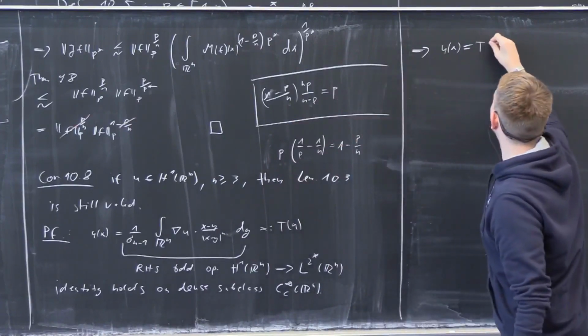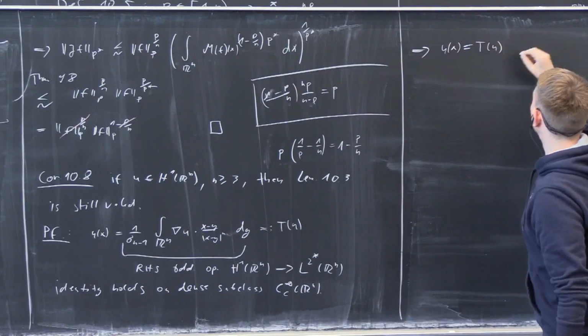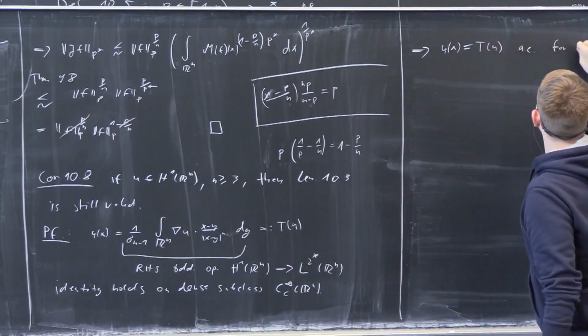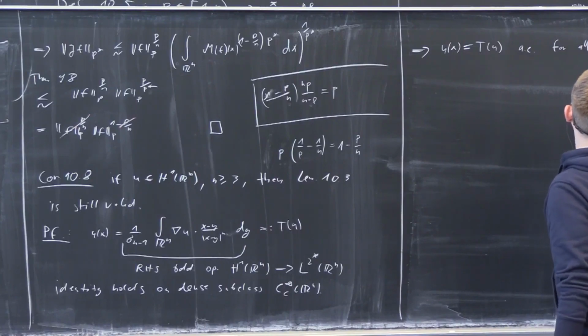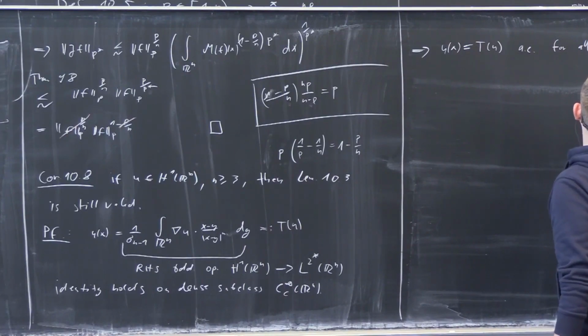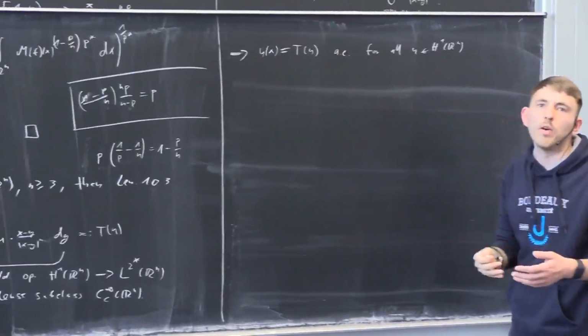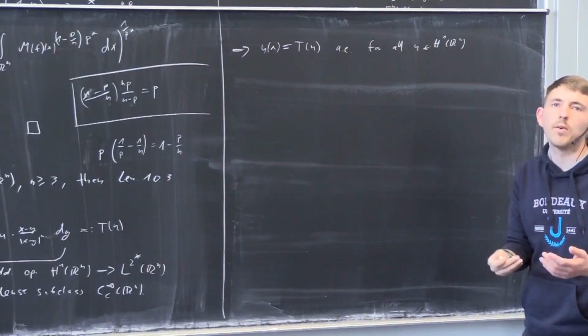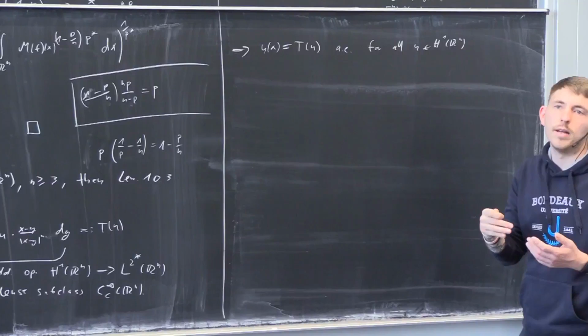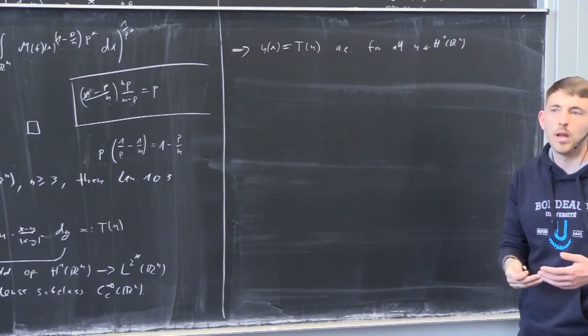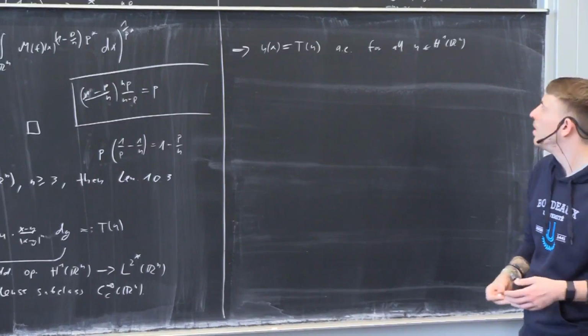So this is equal to T(u) almost everywhere for all u in H^1(R^n). So this is just more or less extension by continuity and using some arguments like, okay, if it's bounded in L^p, then you get subsequences that converge almost everywhere.